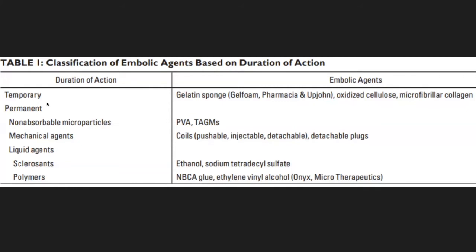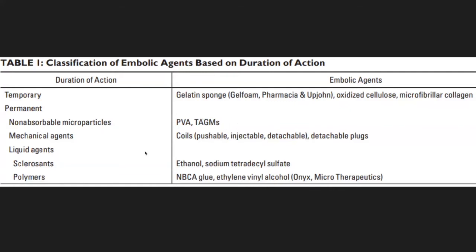We have temporary embolic materials like gelatin sponge, which is gelfoam, which can be obtained in sponge form or in powder form, but is commonly used in sponge form, and others like oxidized cellulose or microfibrillar collagen. In the permanent group, we have non-absorbable microparticles, like PVA and TGMS, which is the class of Embosphere.